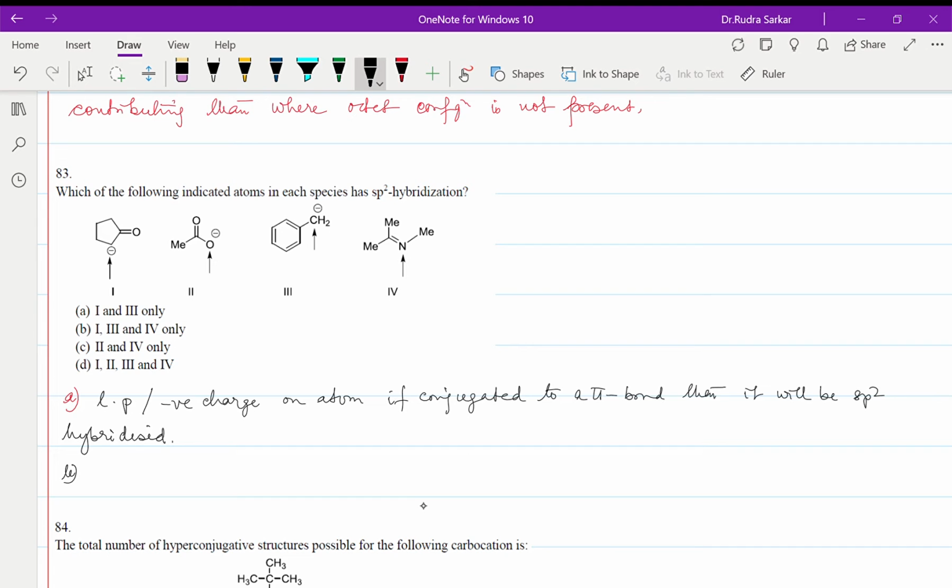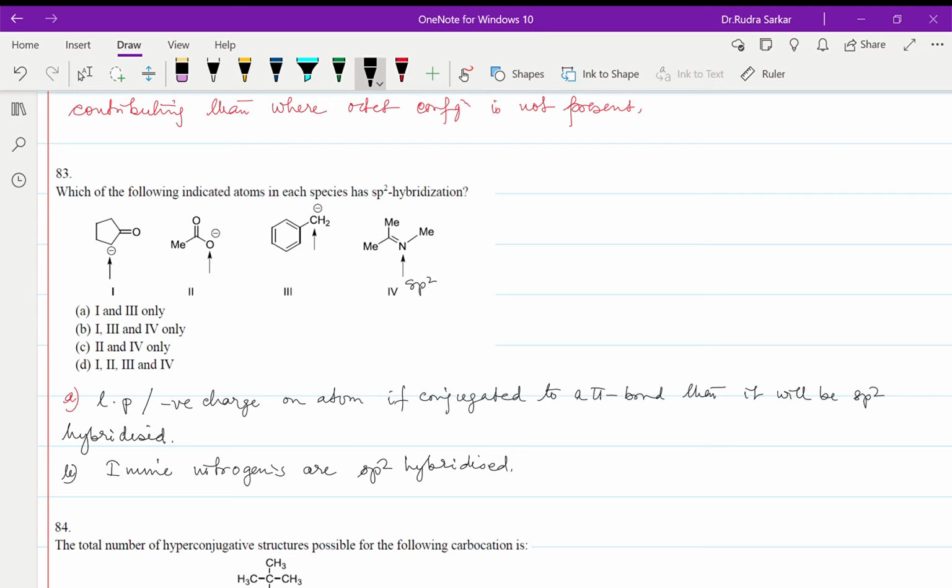Again, imine nitrogens are sp2 hybridized. So it can be N-substituted imine or simple imines. So over here, if we consider the point B, we will say obviously C double bond N has to be sp2 hybridized.